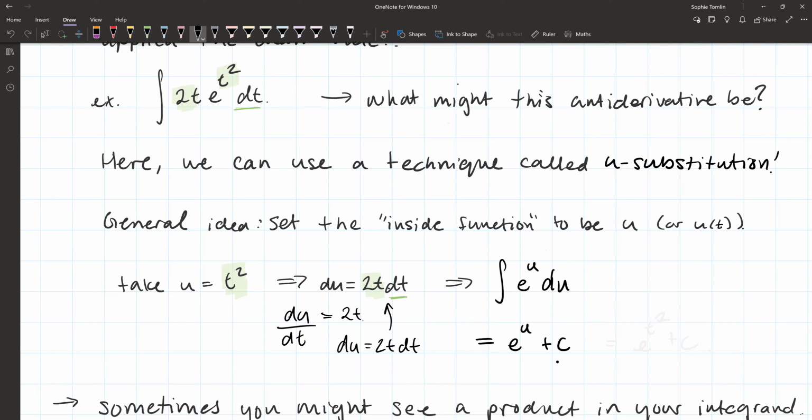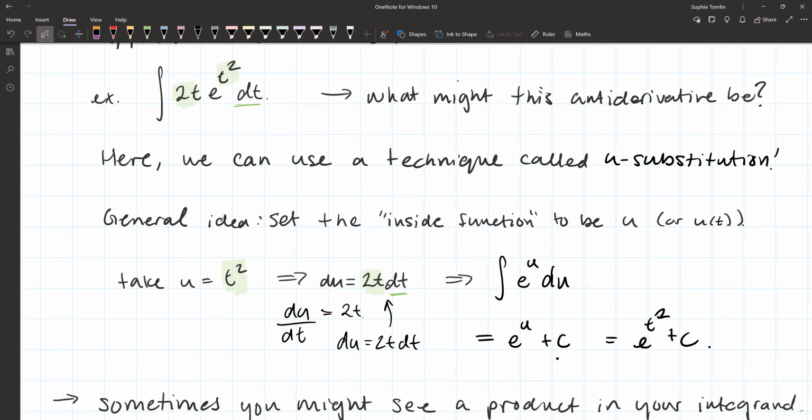And then we could substitute what we had for u back in. And so we just get e to the t squared plus c. Does that make sense? Are there any parts that are confusing about that? I'll take that as a no.